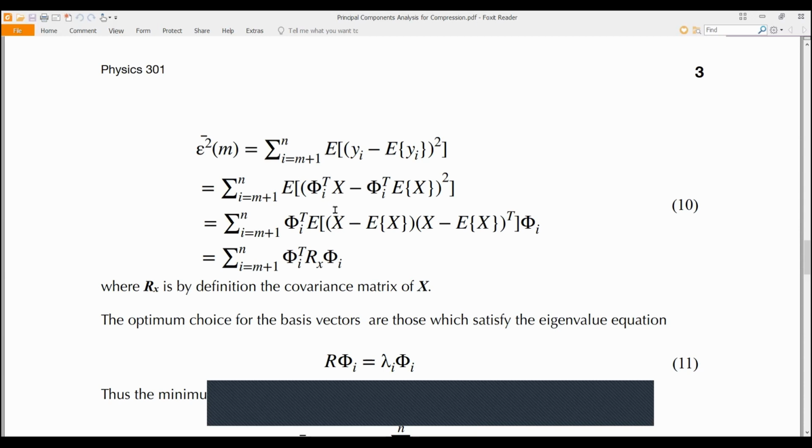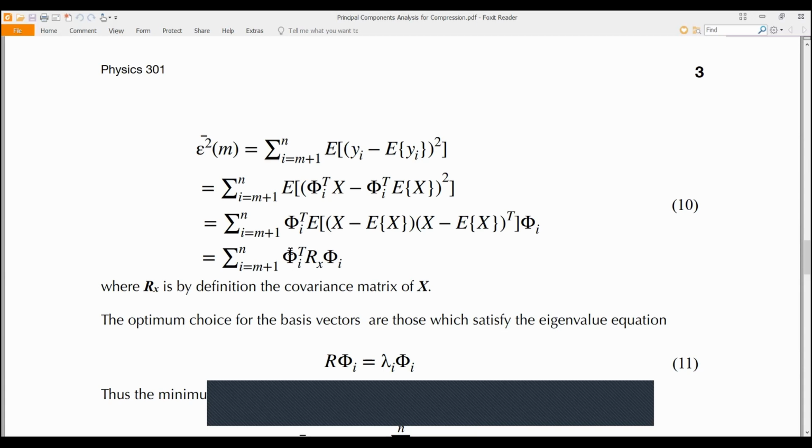vector here. Okay, and therefore, if you think about this, the expectation of a random variable minus the mean, and multiply that by that difference again, transpose, call that R. This R here, expectation of that is nothing but the covariance matrix.